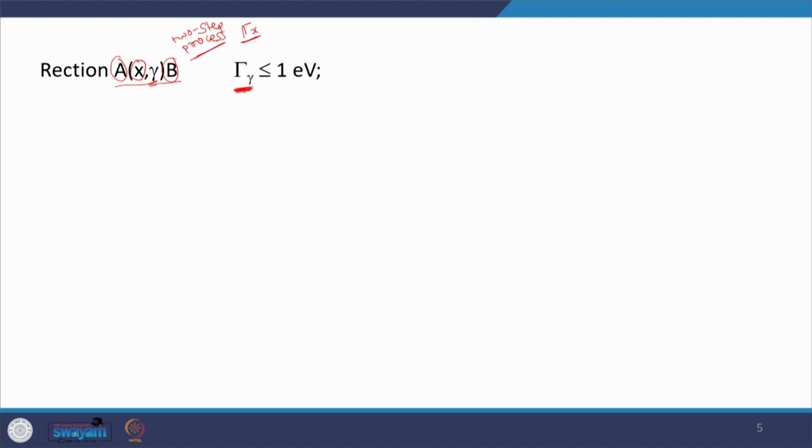In general, the decay width is always less than or equal to 1 electron volt. Alright. Now, I am bringing this statement: if the resonance energy is near the Coulomb barrier, please listen to this carefully. If at all the resonance energy is near to the Coulomb barrier, remember, in any case it is happening only above the Q value of the reaction.